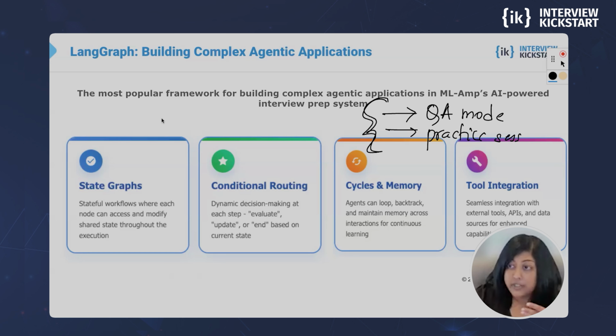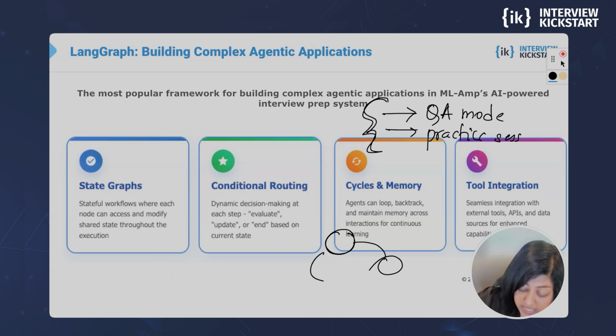But what is the other important aspect that LangGraph provides us with? As the name indicates, it is a graph of nodes and edges. Each node is performing a specific task, and you have edges with various transitions.